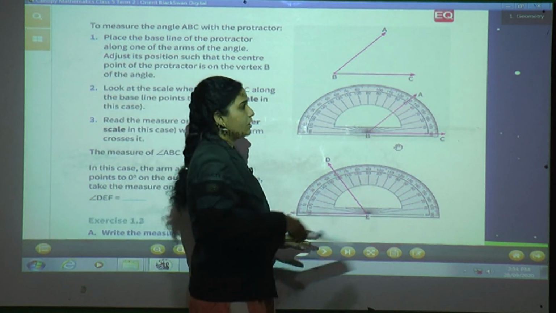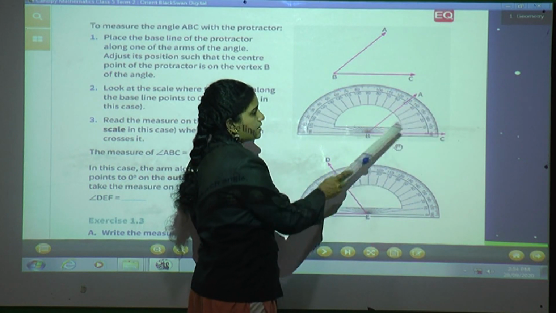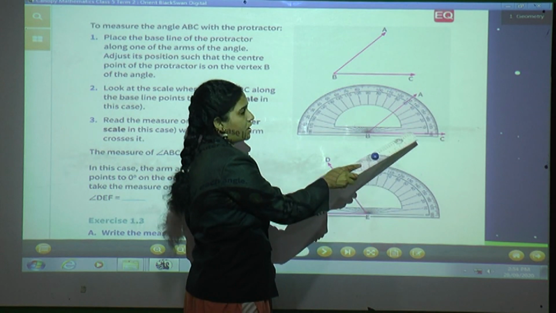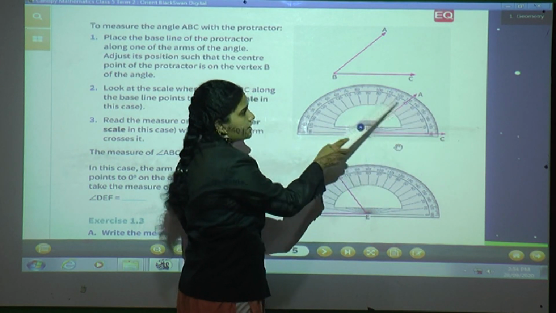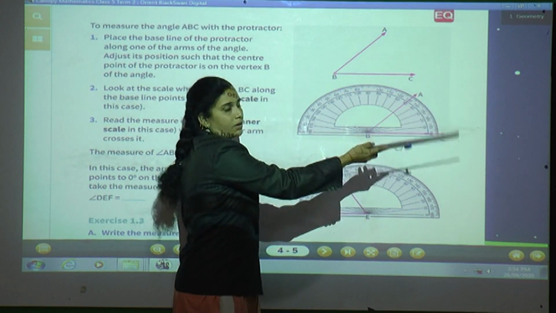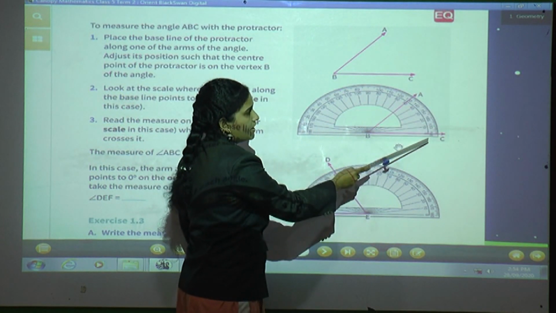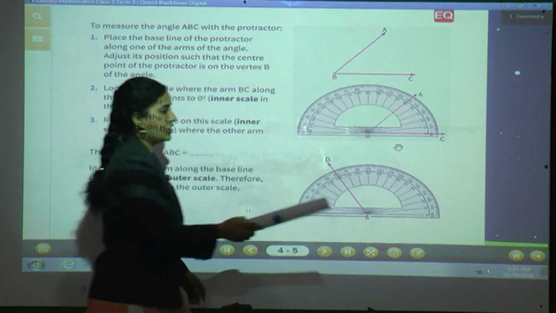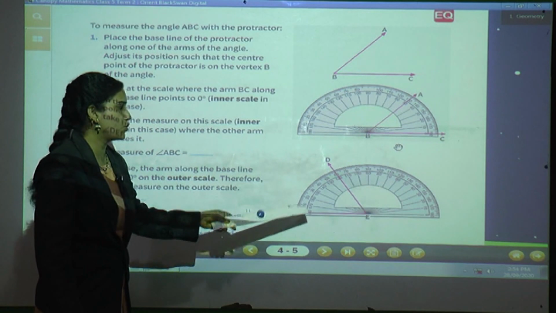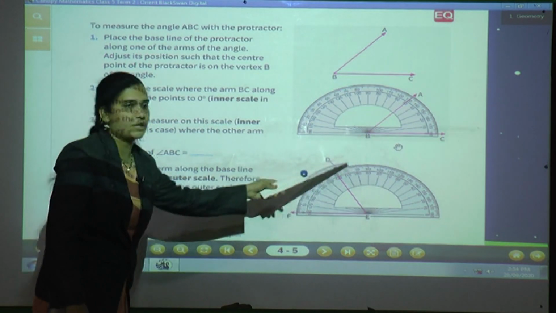If your arrow is on the right side, you should measure the angle from the inner scale of the protractor, and if your arrow is on the left side, you should measure it by the outer scale.